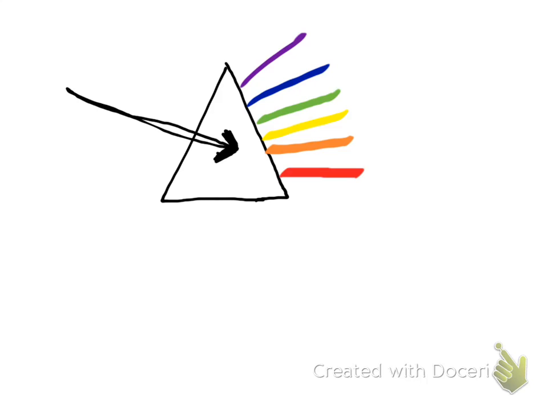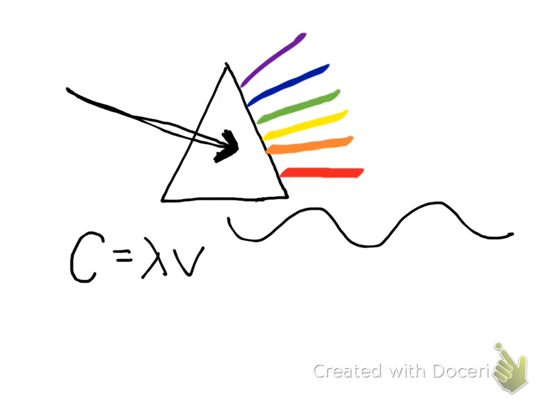Now let's back up again to speed of light, c. Remember, we know that light behaves as a wave, right? This goes back long before any of the particle physicists we were talking about. And we can describe the behavior of light with this equation, c equals lambda v.